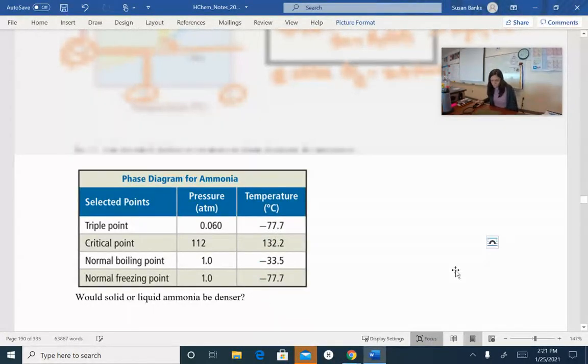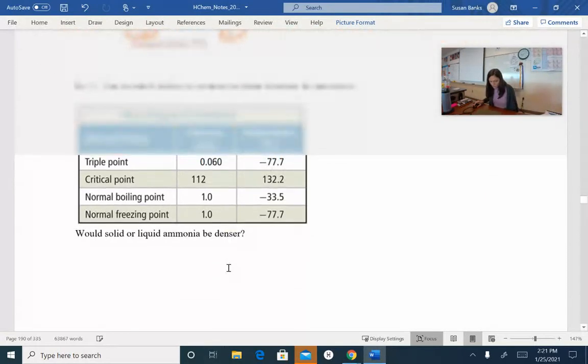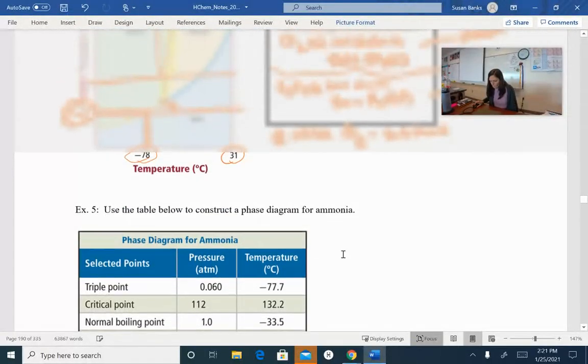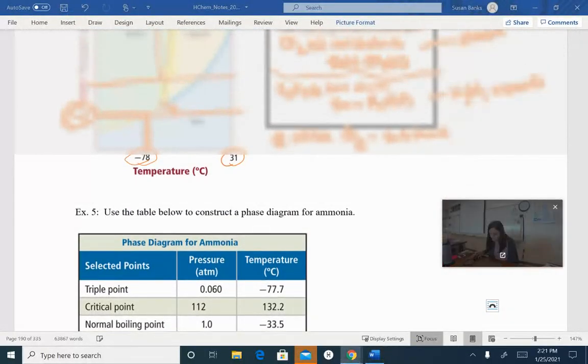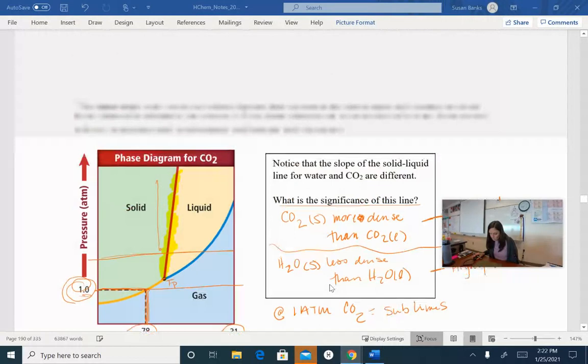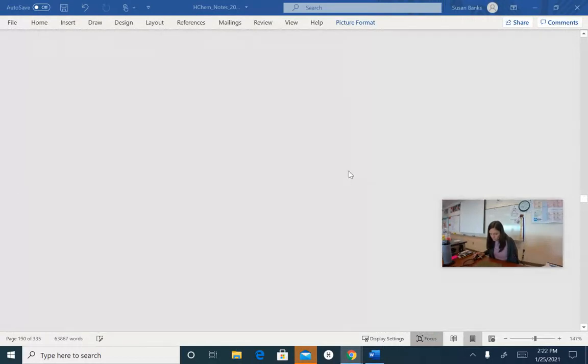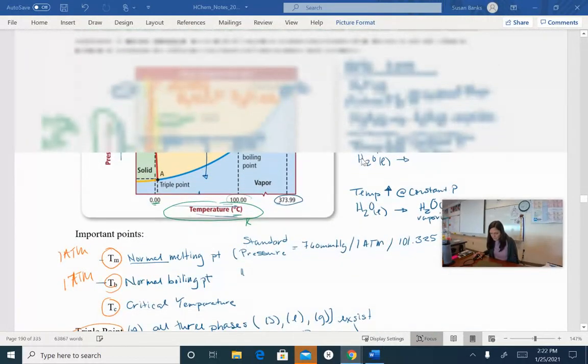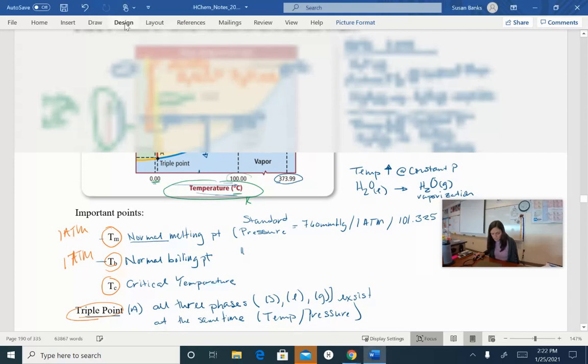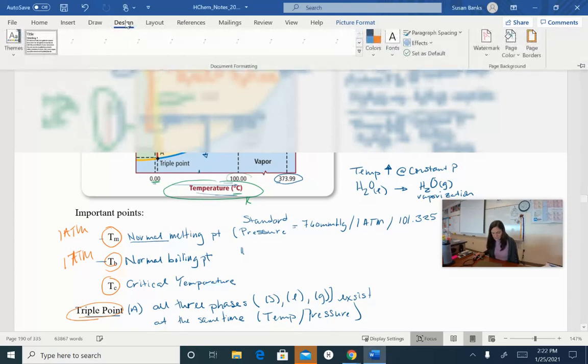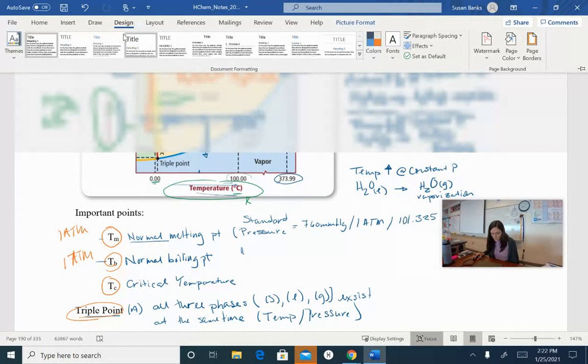And because of this, it's not going to let me write. I don't know why. Yep, it's going to keep on being fuzzy. So let's see if I can get this to cancel this layout.